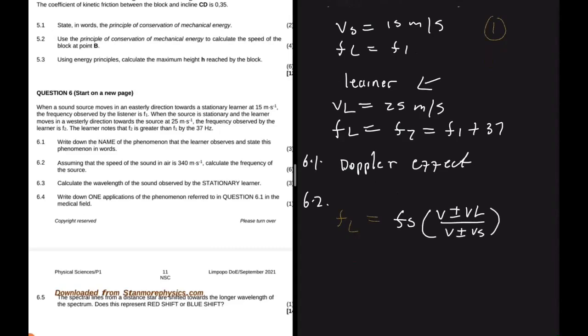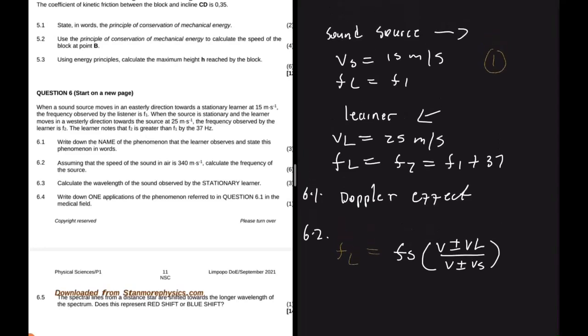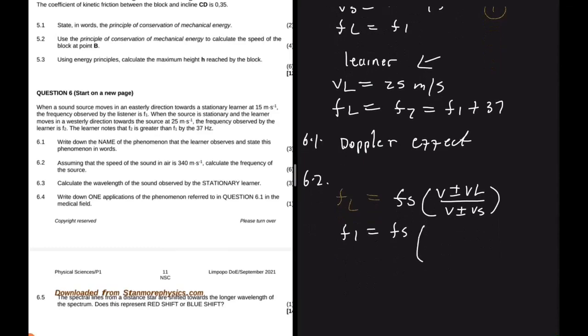And the frequency observed by the listener when the sound source is moving towards the listener, we are told that is F1. So we're going to substitute F1, and this is equal to Fs because we don't know what the emitted frequency is. And the speed of sound in air is 340.